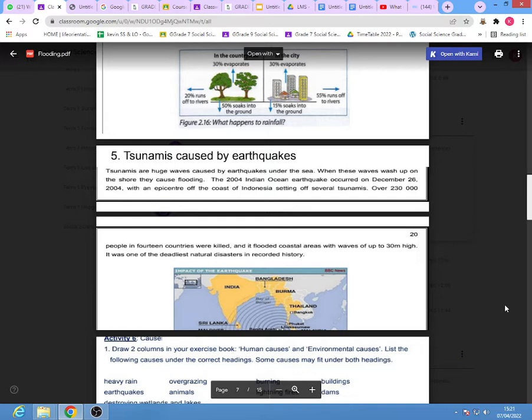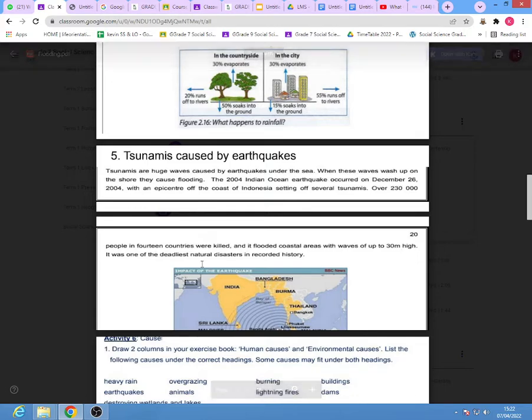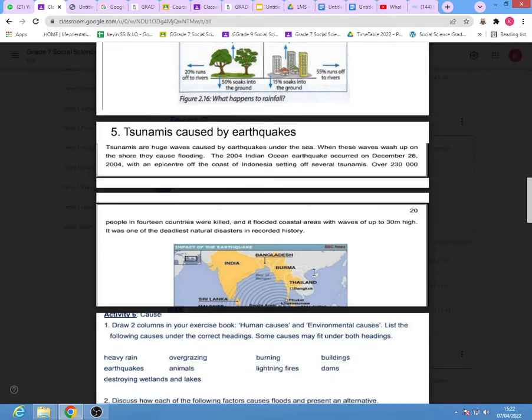The Indian Ocean earthquake occurred on December 26, 2004, with an epicenter off the coast of Indonesia, setting off several tsunamis. Over 230,000 people in 14 countries were killed, and it flooded coastal areas with waves up to 30 meters high. It was one of the deadliest natural disasters in recorded history.